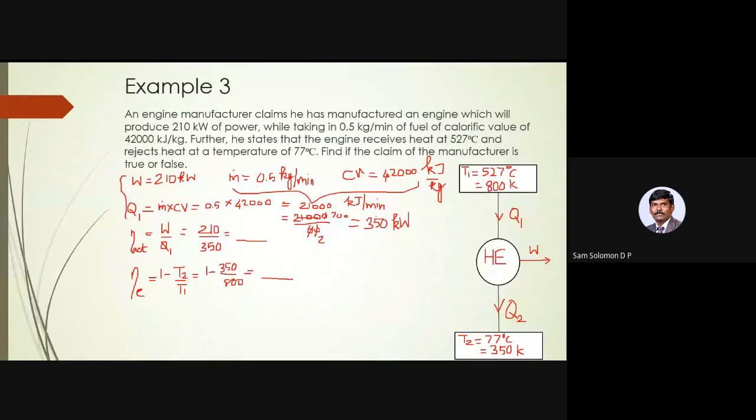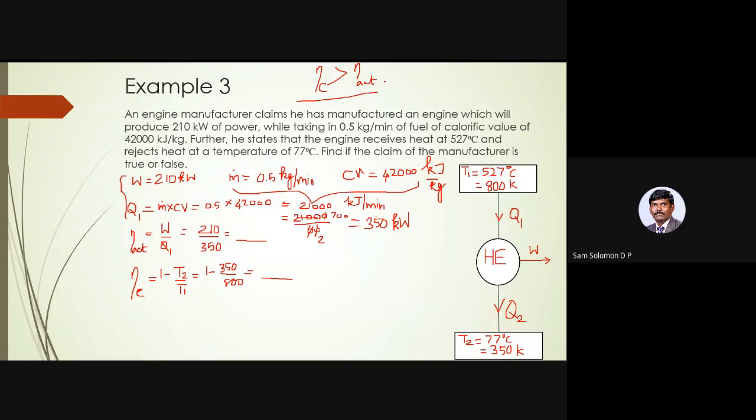What you have to remember is that the reversible cycle is the Carnot cycle. That is the reference, which means it will deliver more work. So the efficiency of the Carnot cycle should always be greater than the efficiency of the actual cycle, because the Carnot cycle is the reference.